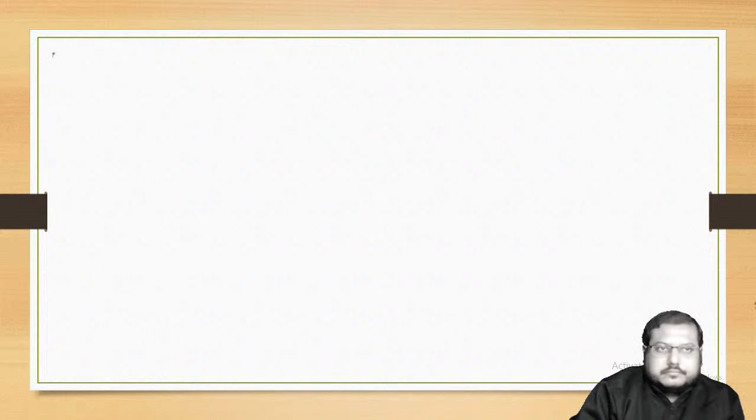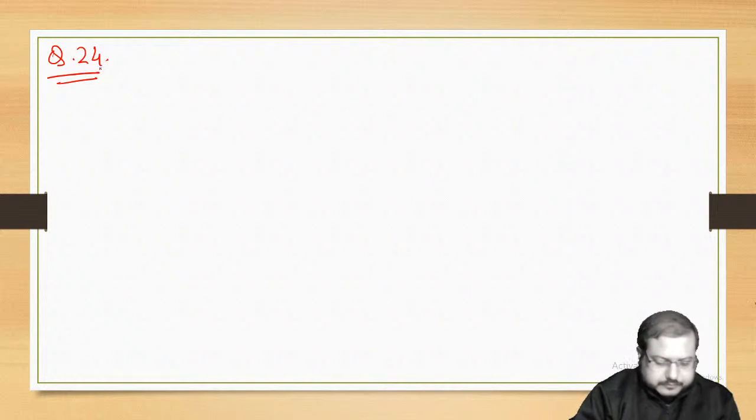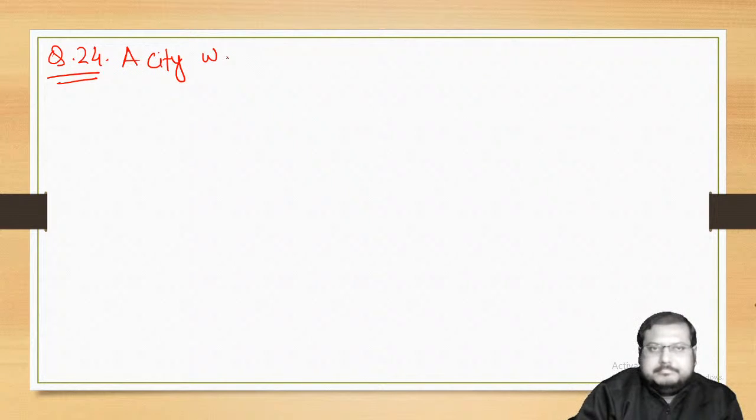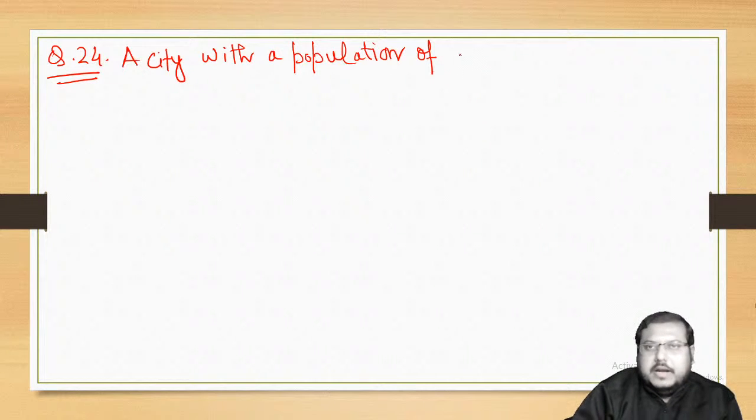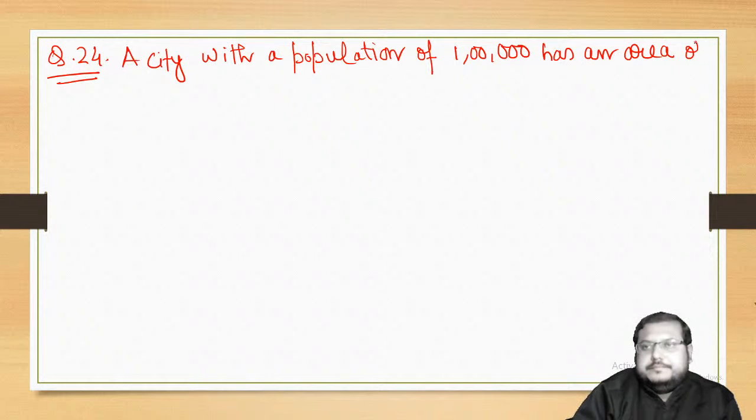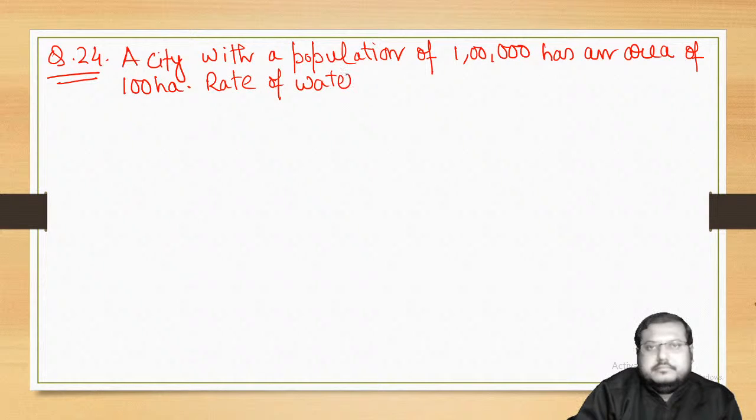Question number 24. A city with a population of 1 lakh has an area of 100 hectare. Rate of water supply is 200 LPCD.